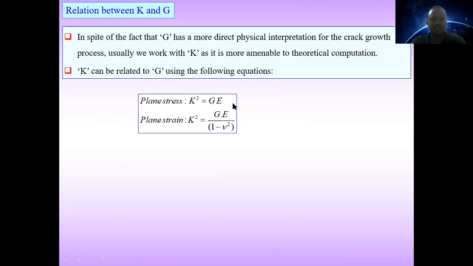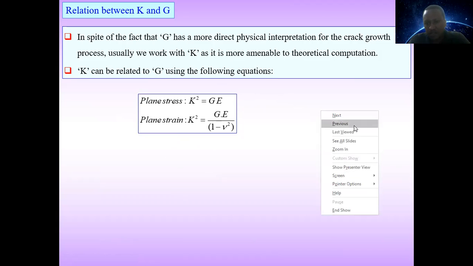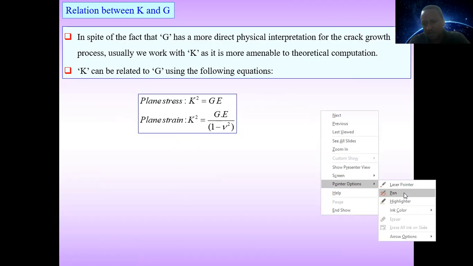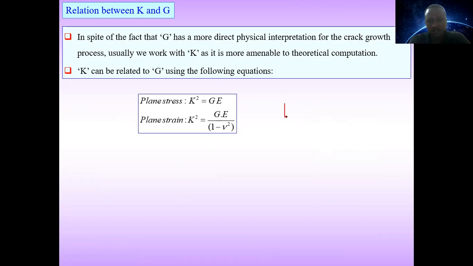K square equals GE for the plane stress condition, and for the plane strain condition, K square equals GE over 1 minus mu square, because in plane strain, instead of E we use E over 1 minus mu square. Let me write it.